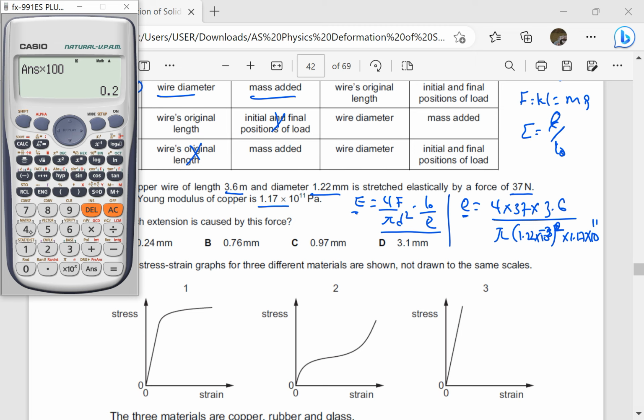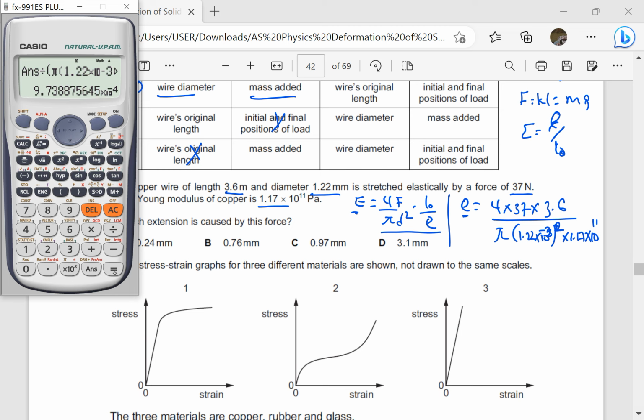So for my calculator, I have 4 times 37 times 3.6 divided by, we have pi times 1.22 exponent negative 3, that is the diameter, but it is squared. Then 1.17 exponent 11, that is the Young modulus.